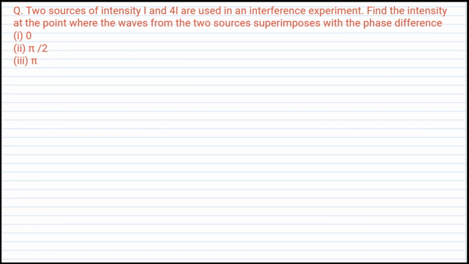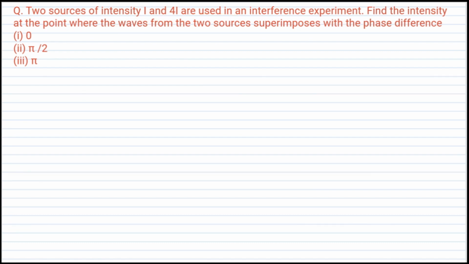So in this question, they have given you the intensity of the lights coming from the two slits. The light coming from the slit S1 has the intensity I, and the light coming from the slit S2 will be 4I. That means 4 times of the first wave.